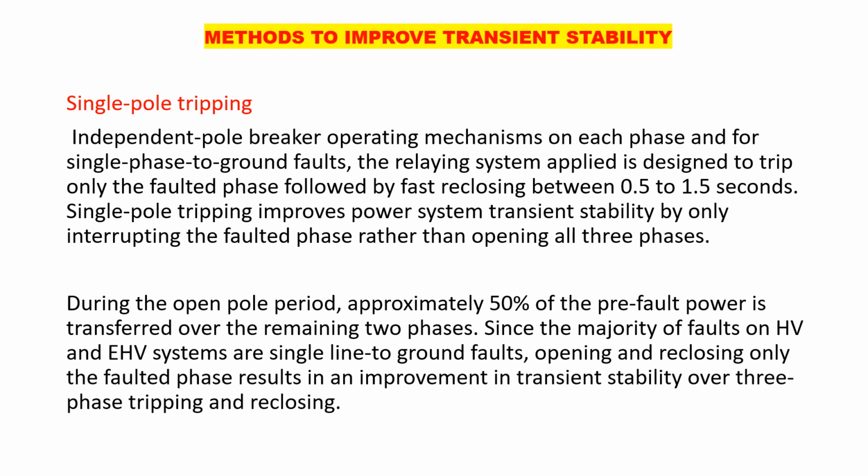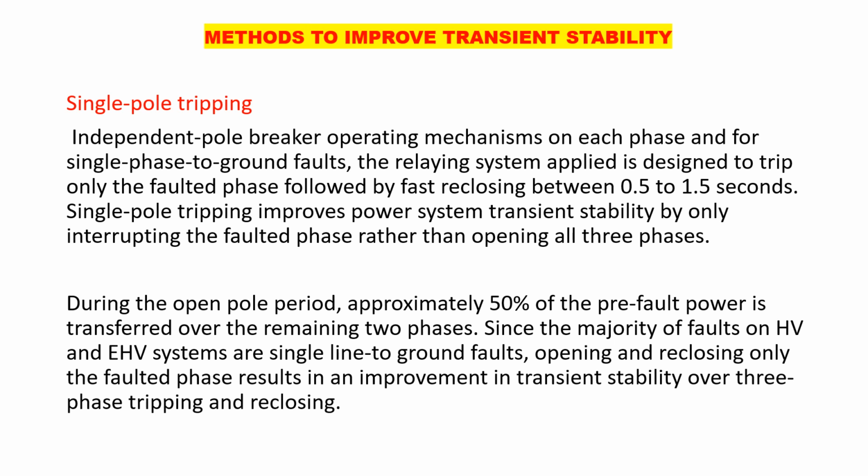And then you can have a single pole reclosing, whenever there is availability of an operating mechanism independently, that each pole has its own operating mechanism and operating rod, and each pole has its own independent tripping coil or sometimes two tripping coils for each pole. So this is the prerequisite for single pole tripping: you must have an independent operating rod for each of the poles of the circuit breaker.